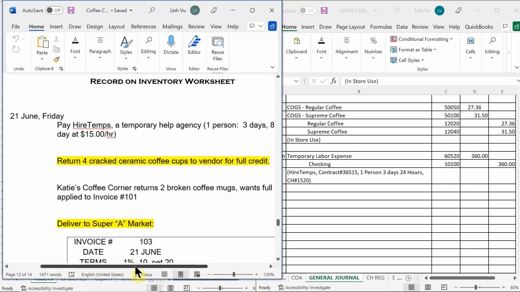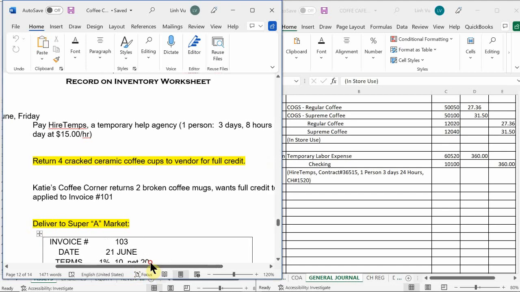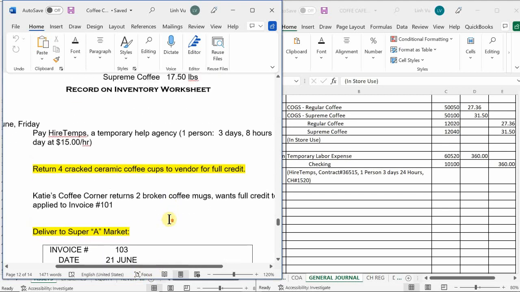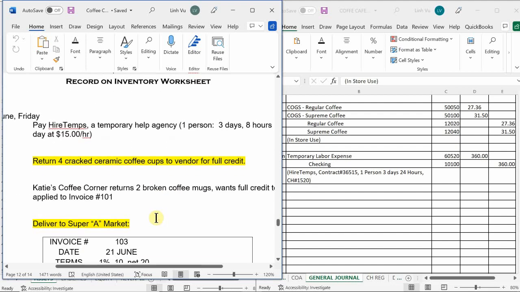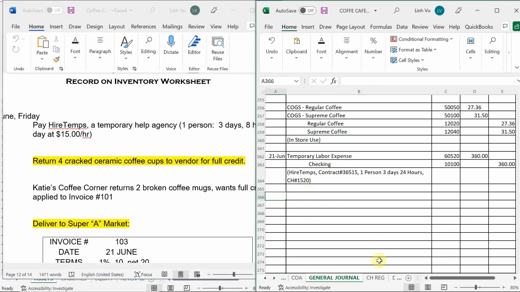Now, in this case, we're going to get a full refund for returning ceramic coffee mugs, because we originally purchased them. So how do I return 4 cracked coffee mugs, and how did I pay for these items?